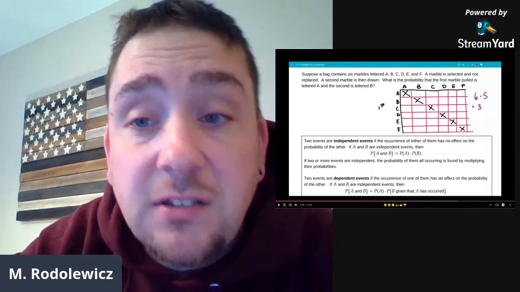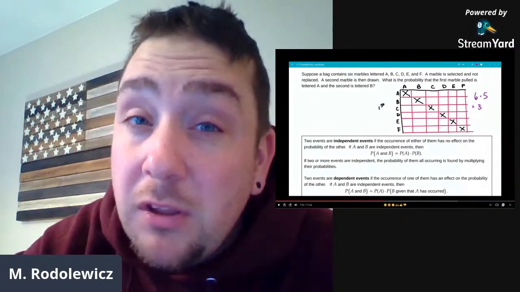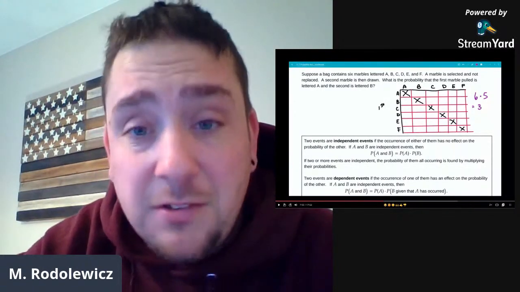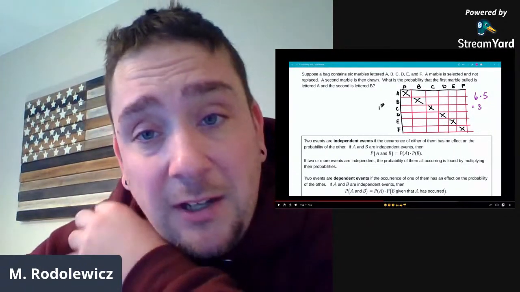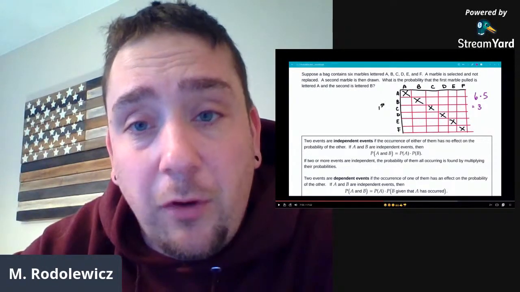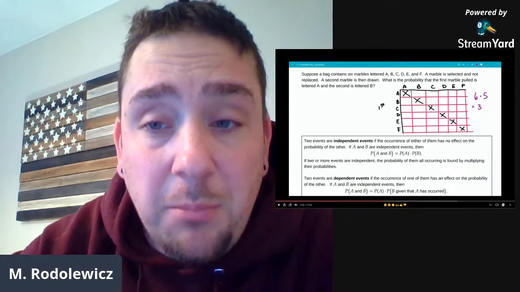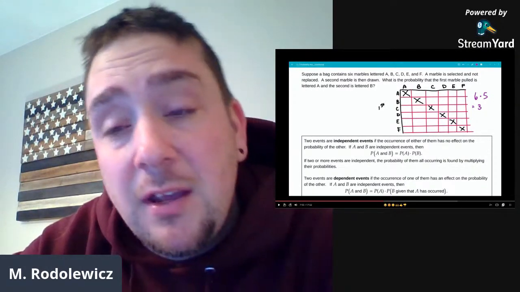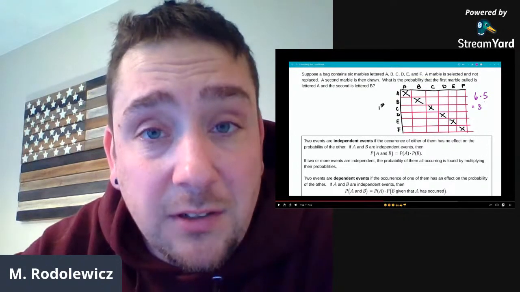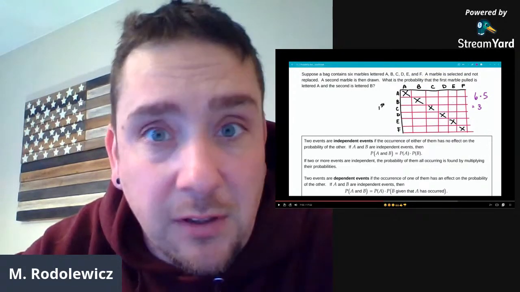So 6 multiplied by 5. Again, this is really just a fundamental counting principle you've seen before. If you had that in your understanding, awesome. But I'm building up to what we're going to see in a formula in a moment. Because something happened and it affects a future outcome, it's going to be one less. In this particular example, one less.